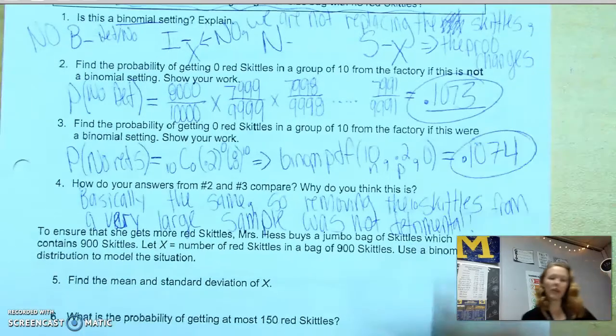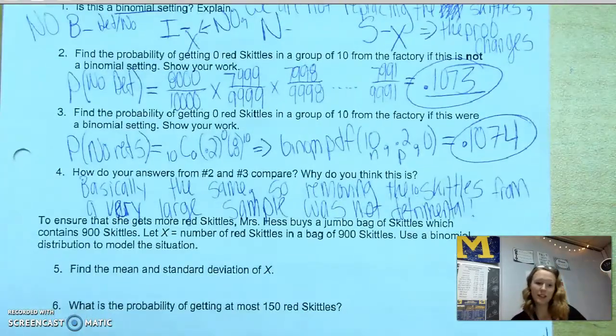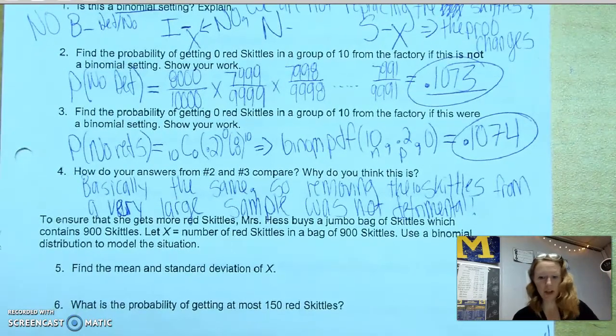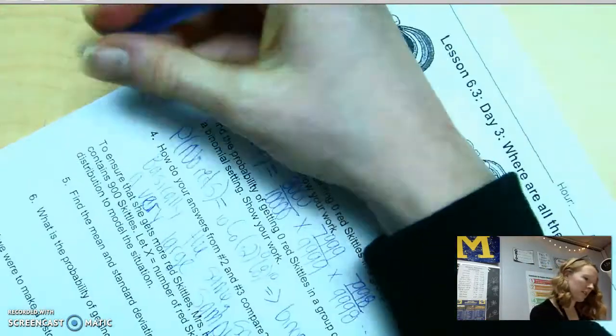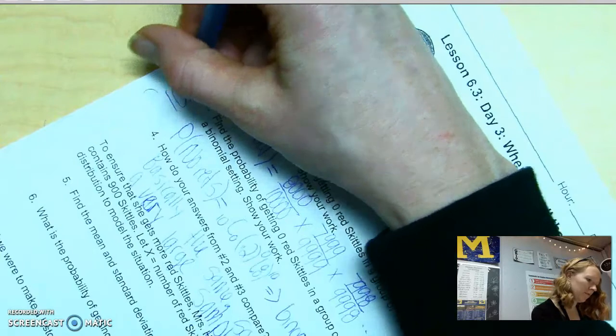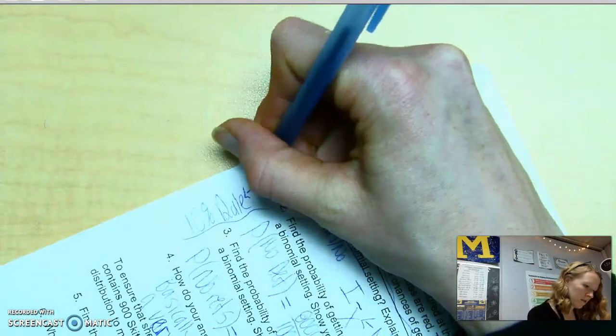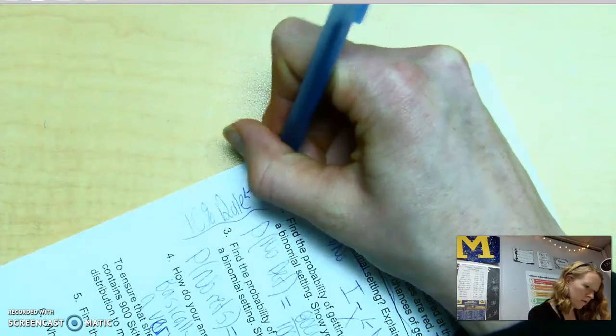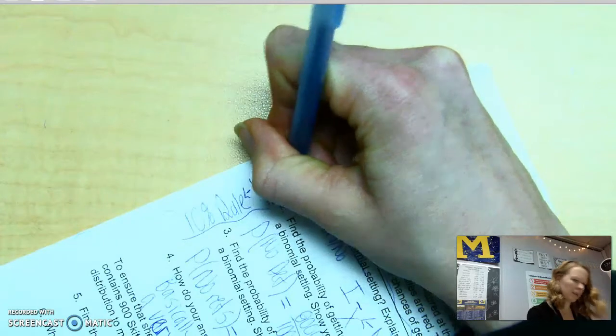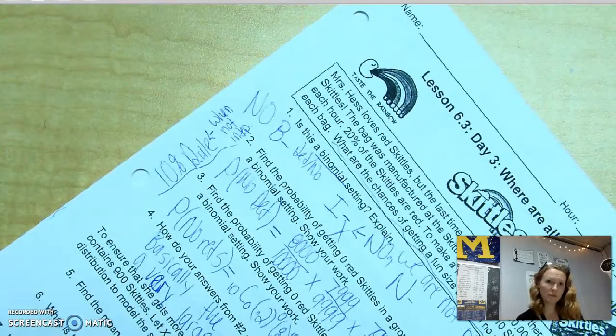It really didn't change that idea of same probability. It didn't really change things that much. And we're going to talk about this shortly, but this gets to the idea of the 10% rule. So if you don't have independence, you can check the 10% rule, right?